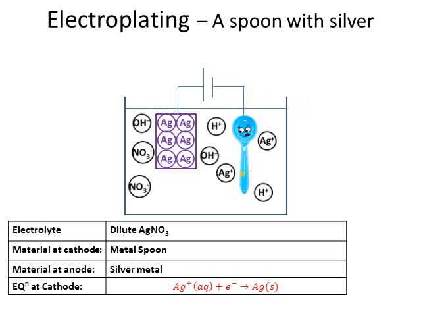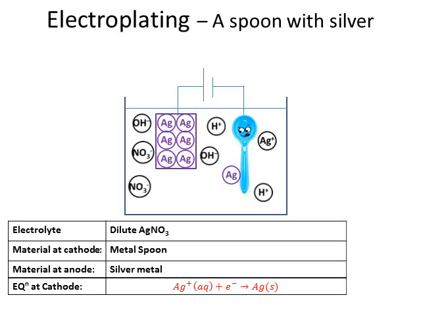Electrons come here. Ag plus gains electrons to form Ag metal, and the Ag metal is bound to the spoon, right? So this is how it gets electroplated.